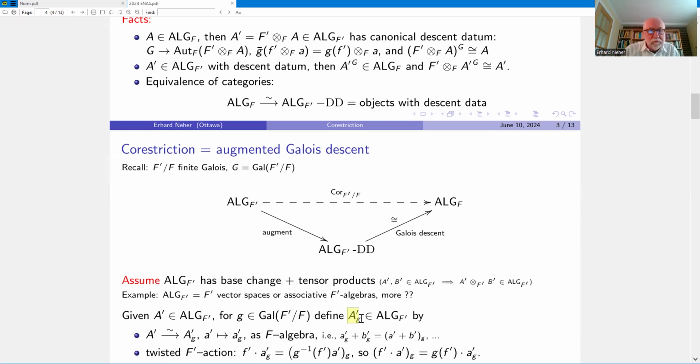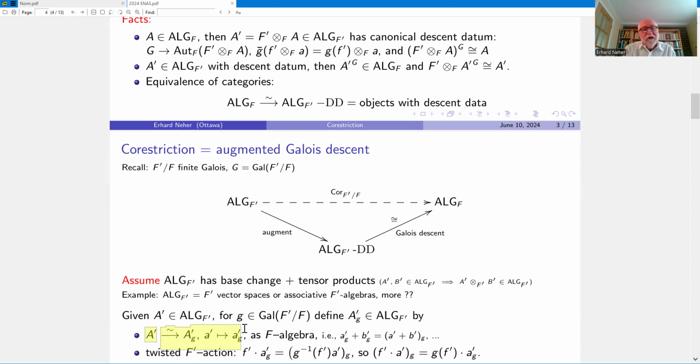Namely, we define A prime lower g by saying there should be an isomorphism from A prime to A prime lower g by simply taking an element a prime and putting an index g.